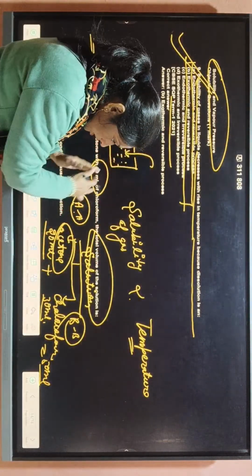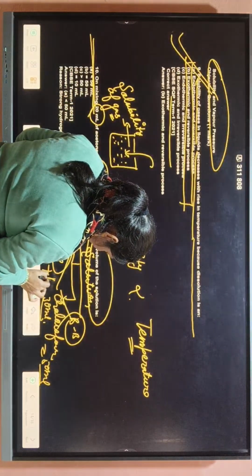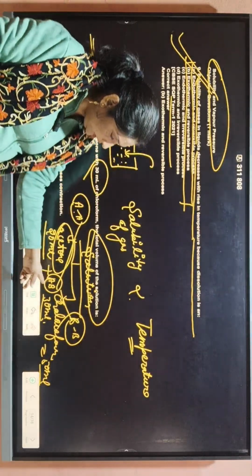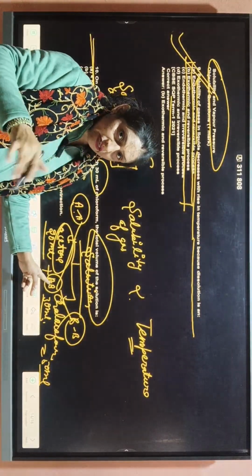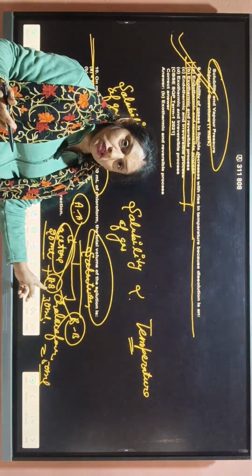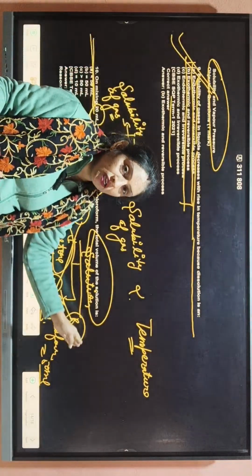But if we mix both of them, then in solution they form AB interaction. This AB interaction is stronger as compared to AA and BB.